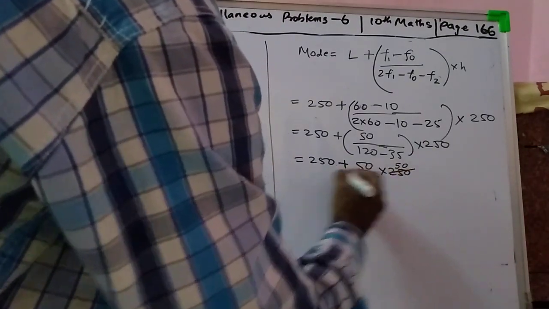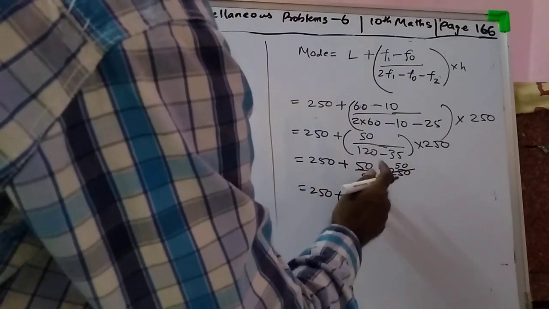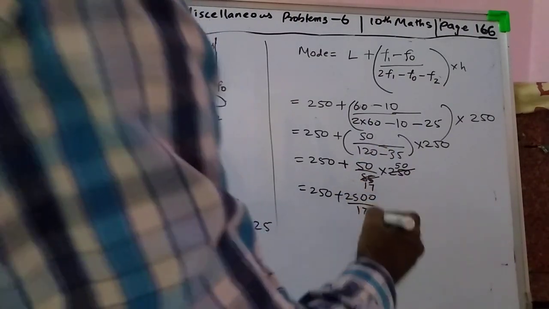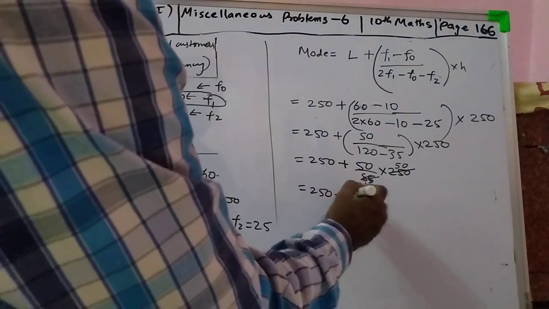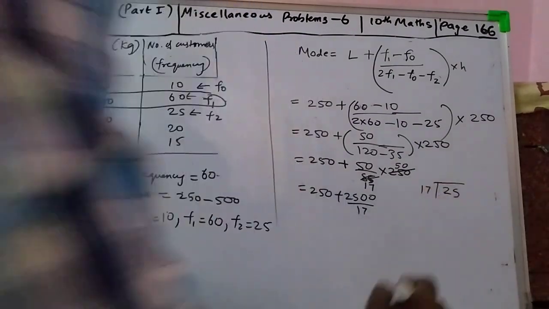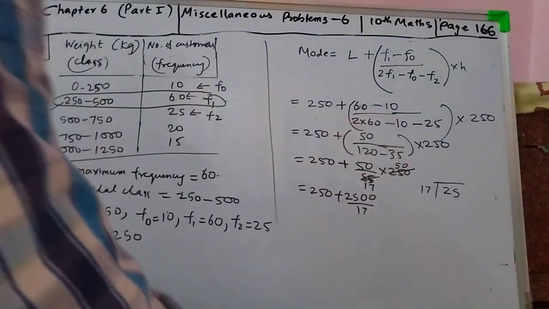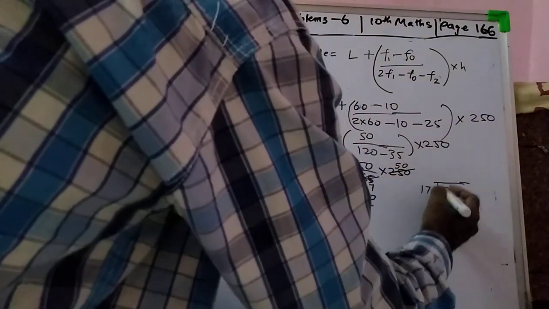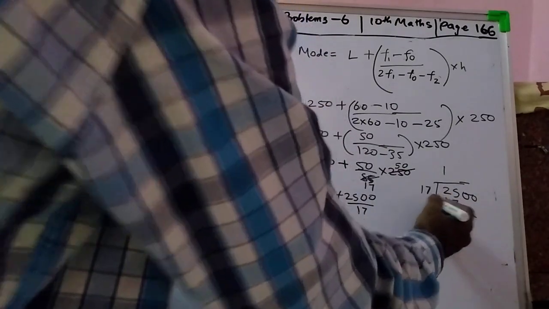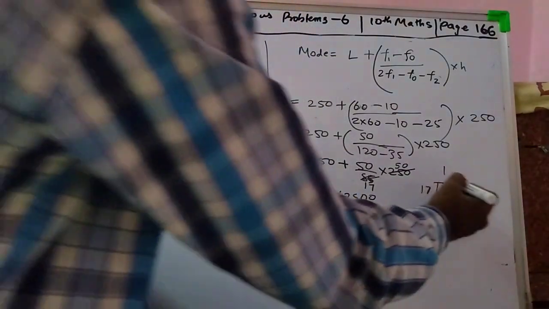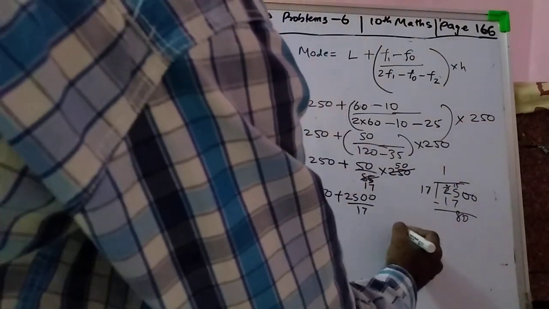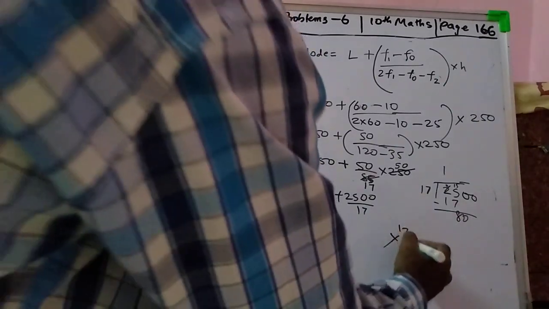That will become 250 plus 5 into 50, 250, divided by 70. That we divide here. 17 into 4.